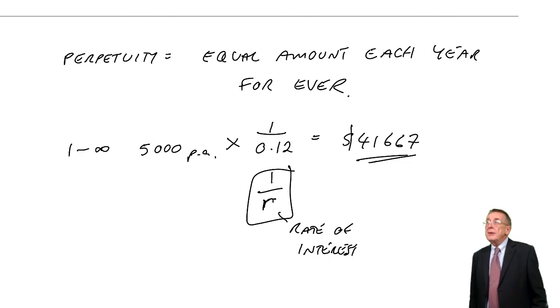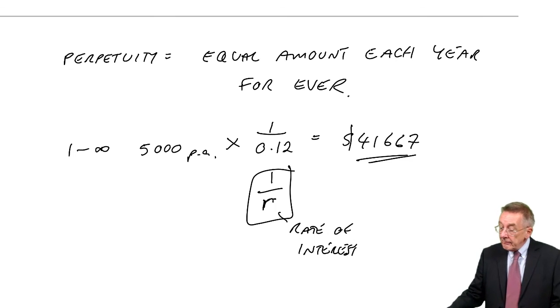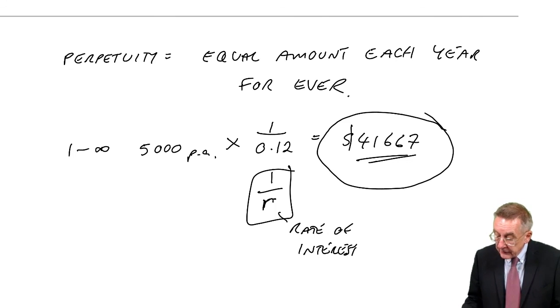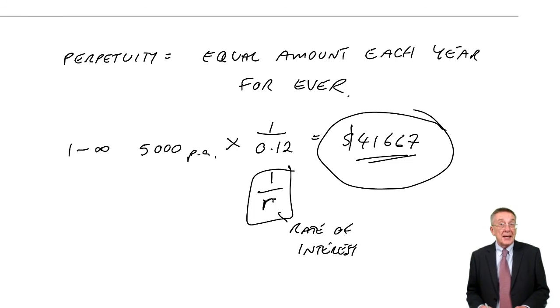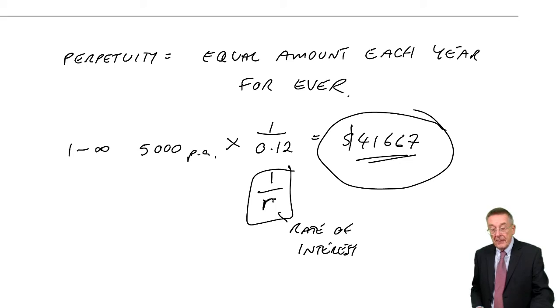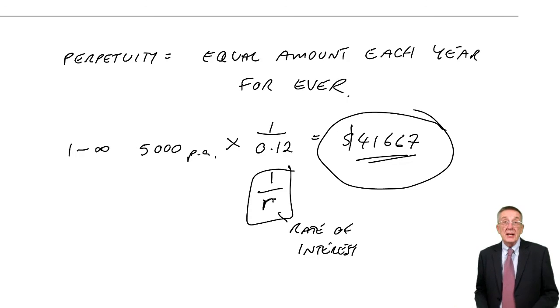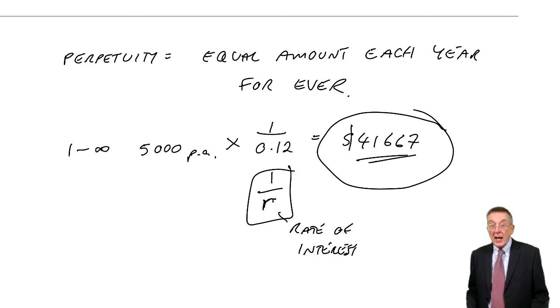And so rather than have to pay her 5,000 a year forever, why don't I just put 41,667 in a bank account now in her name, and that will earn her interest at 12%. It'll earn 5,000 a year, and it won't compound.